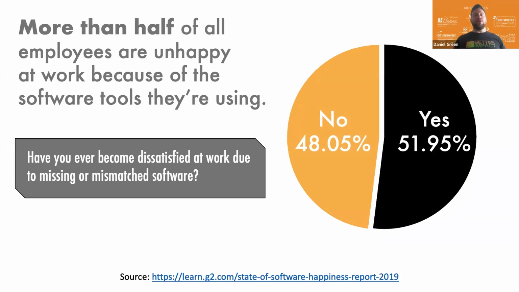When the right tools are not in place, our efficiency and effectiveness decreases. So this is just one factor that can contribute towards our unhappiness in our role. Just to let you know, these stats have come from G2's 2019 State of Software Happiness Report. You can click on the link there for more info.